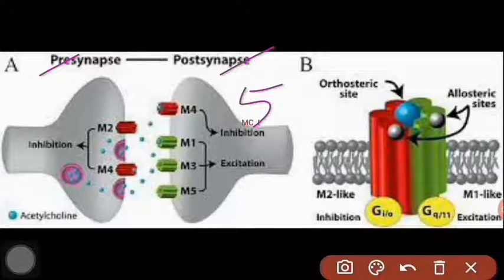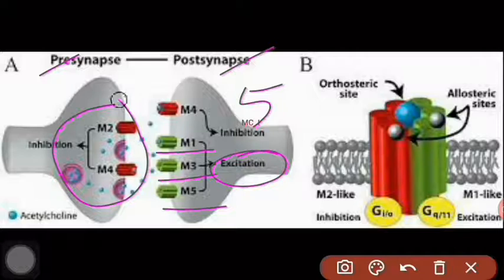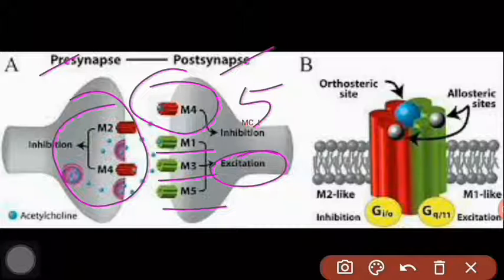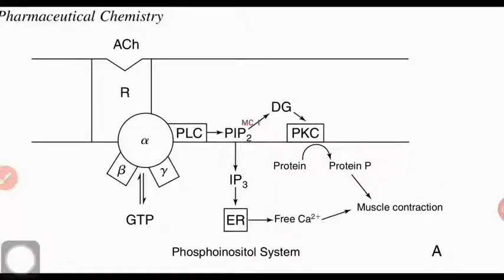We have M1, M3, M5 as excitation receptors, whereas M2 and M4 have an inhibition effect. One is auto-inhibition of the release of acetylcholine, and another is the opposite effect of excitation, that is, inhibition by the M4 receptor.